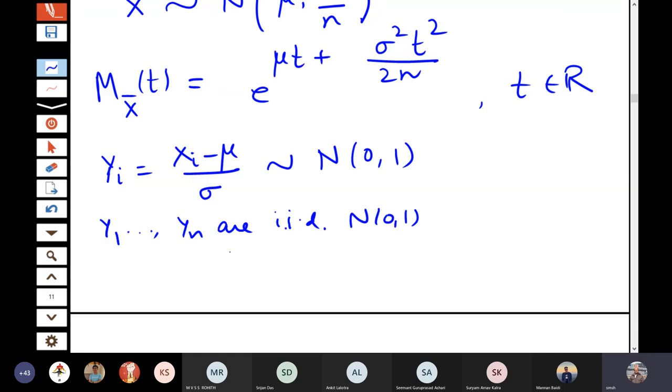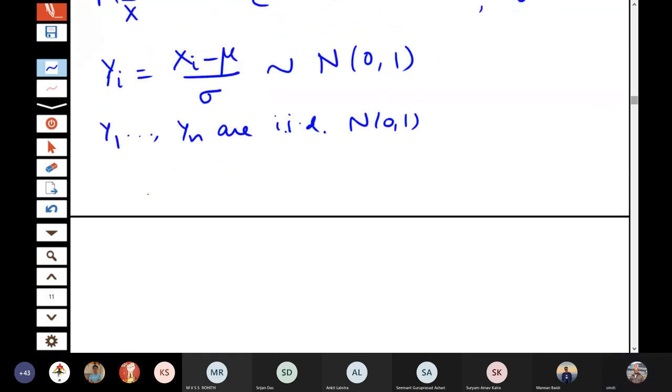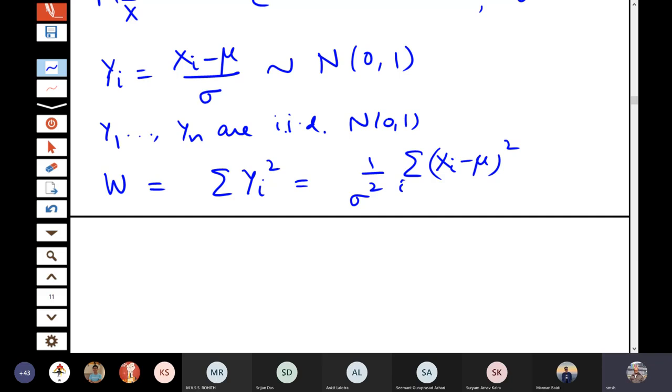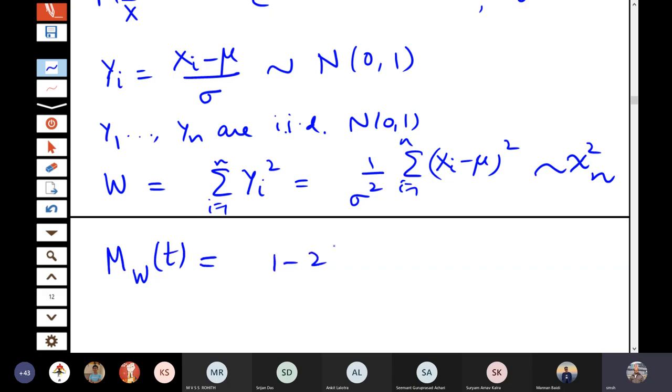So if I consider, say, W, that is equal to sigma yi square, that is 1 by sigma square sigma of xi minus mu whole square, then that is following chi-square n. So the MGF will become 1 minus 2t to the power minus n by 2.